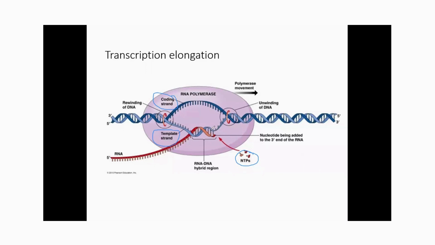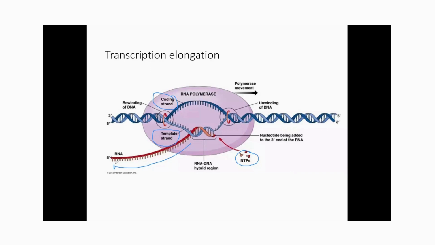If thymine is present on the DNA strand, adenine is added. If guanine is present on the DNA molecule, then the complementary base cytosine is added. And in this way, polymerization of the RNA molecule takes place.